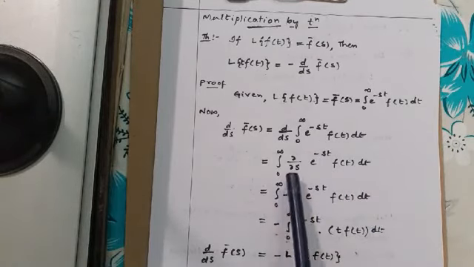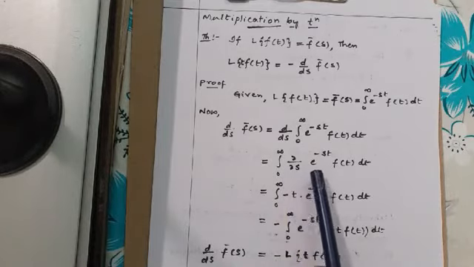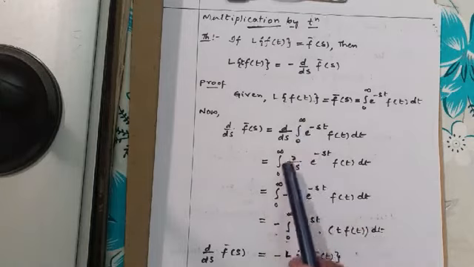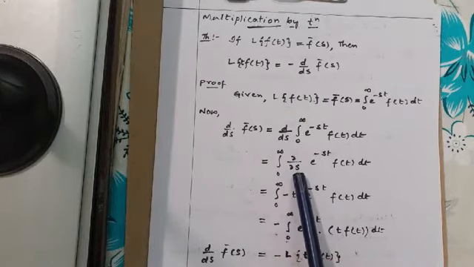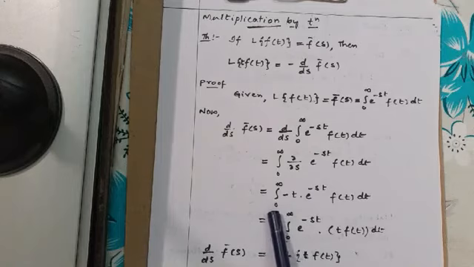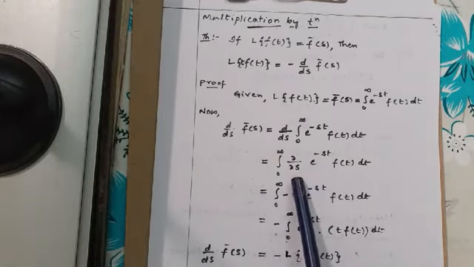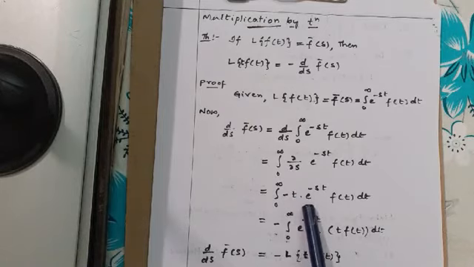Then, using Leibniz rule for differentiation under the integral sign, I write integral 0 to infinity, instead of d by ds, dou by dou s of e power minus st f of t dt. Now when you differentiate e power minus st with respect to s, you get minus t into e power minus st f of t dt.